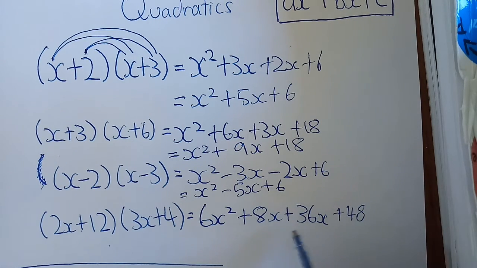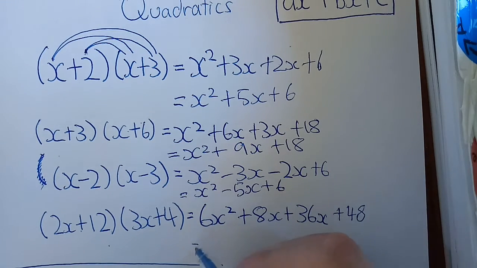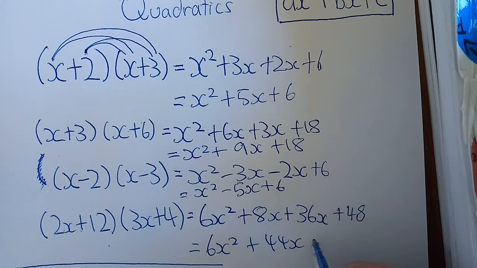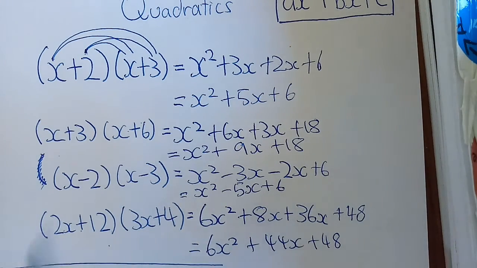Now, as you can see, we've got another common term, so we can simplify this to 6x squared plus 44x plus 48. Okay, so this is how you expand quadratics.